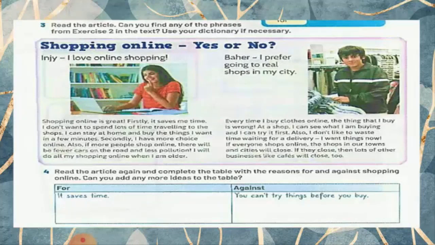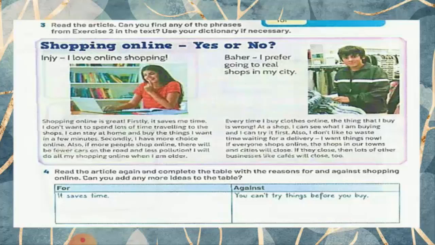Now, read the article. Can you find any of the phrases from exercise 2 in the text? Use your dictionary if it is necessary. Shopping online, yes or no? NG says, I love online shopping. Shopping online is great. Firstly, it saves me time. I don't want to spend lots of time traveling to the shops. I can stay at home and buy the things I want in a few minutes.